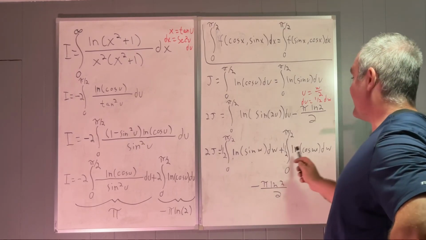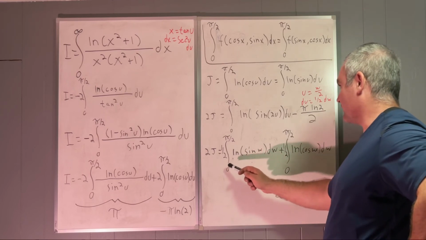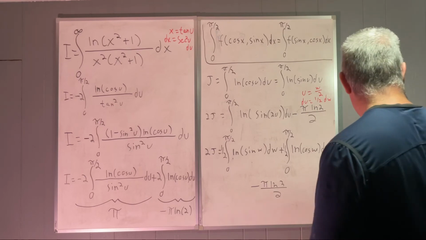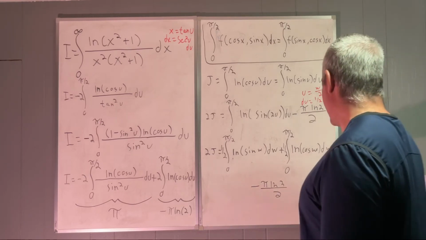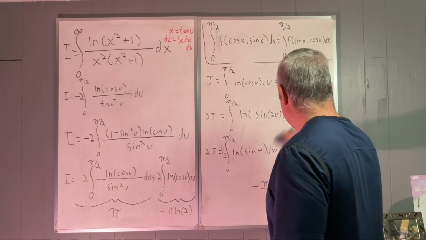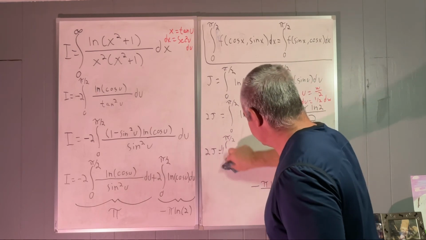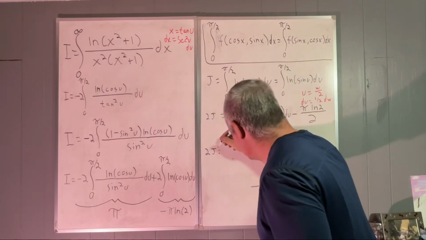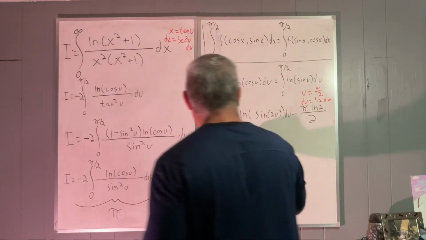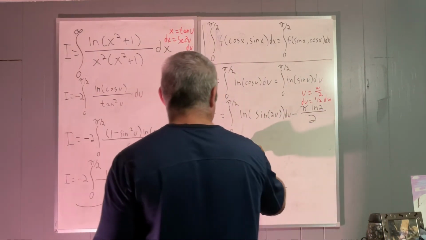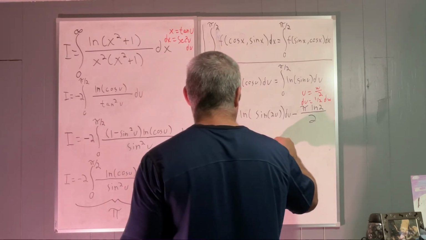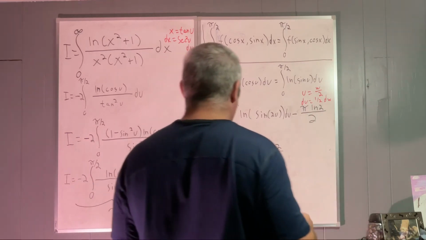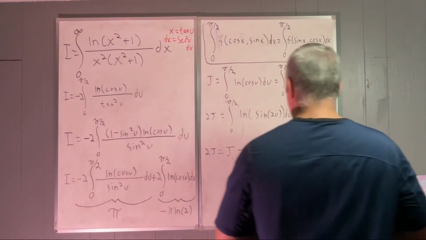So now we have 2 times 1/2 the integral from 0 to pi over 2 of natural log cosine w dw, which is simply j. So we have 2j is equal to j minus pi natural log 2 over 2.